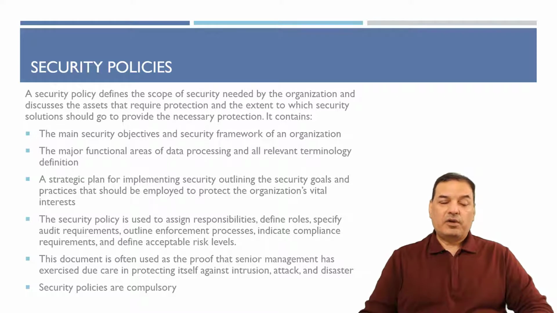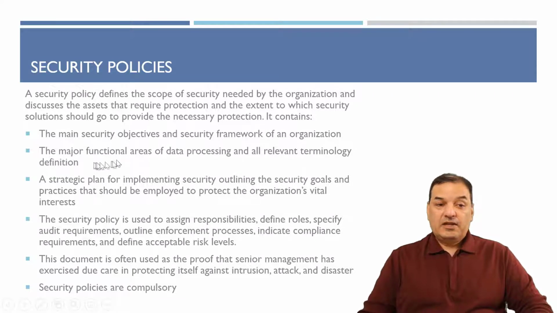So what is a security policy? A security policy defines the scope of security needed by the organization and discusses the assets that require protection and the extent to which security solutions should go to provide the necessary protection. It contains several elements. The main security objectives and security framework of an organization are contained in the policy.